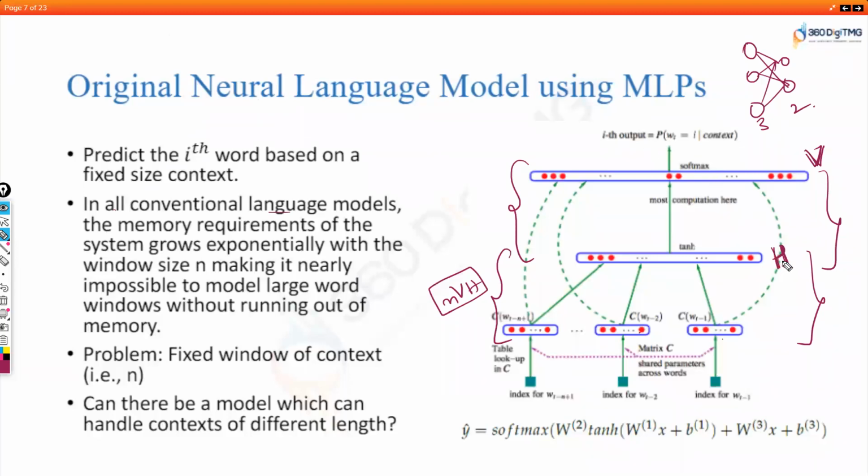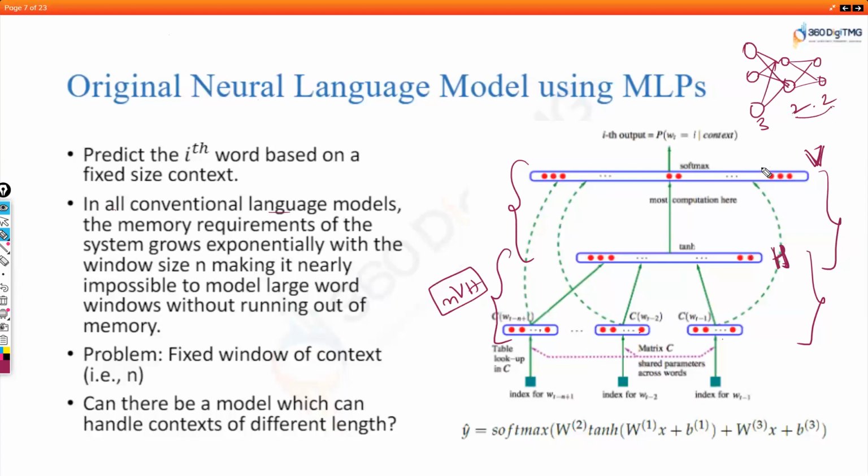And the number of weights I learned from here to here would be H into your output. Say you have 2 in the hidden layer and 2 in the output layer. Then 1, 2, 1, 2, 4 connections, 2 into 2.